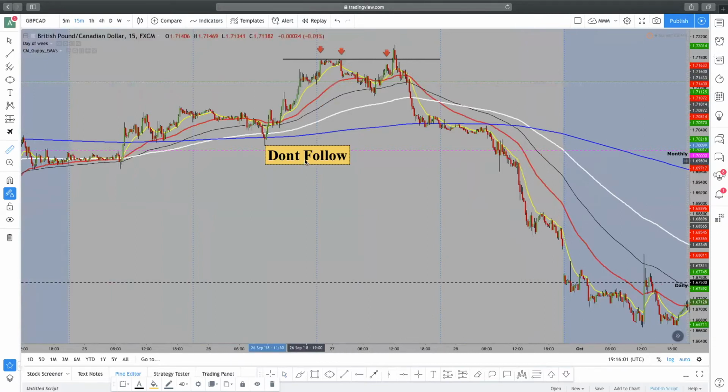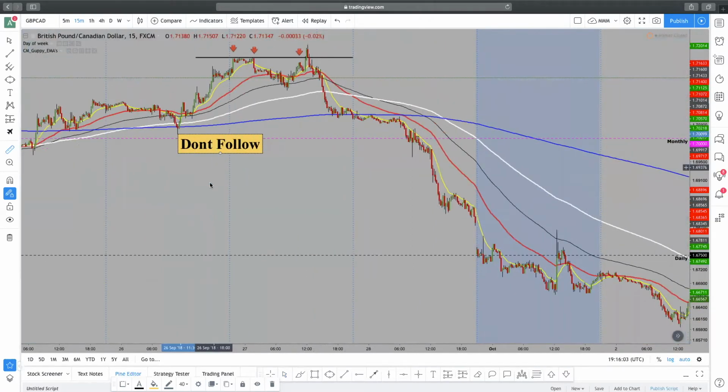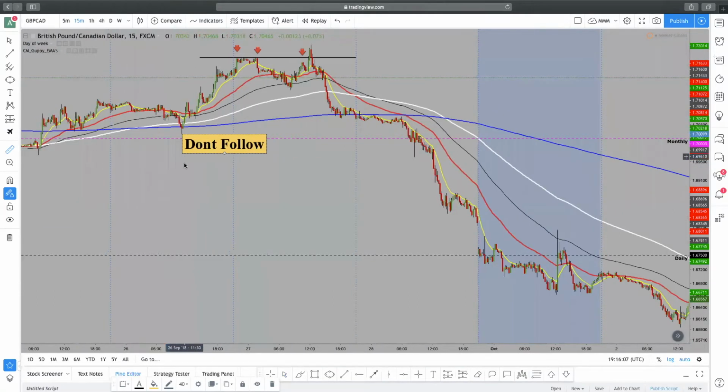But probably you're going to think about how you can follow your trends. You gotta follow the trends, right? For me, I don't look at any of these candles for finding my trends. I get where my trend is going by my moving averages.